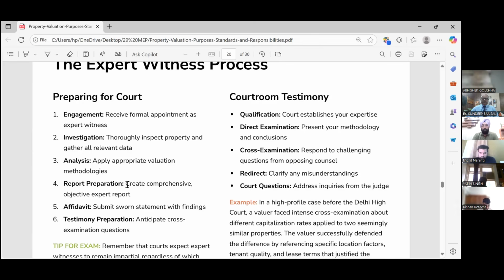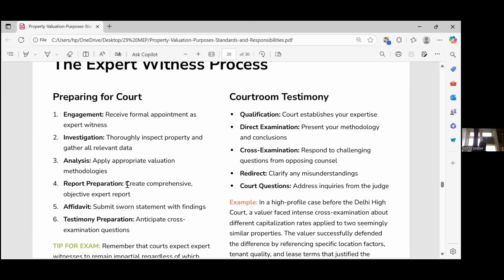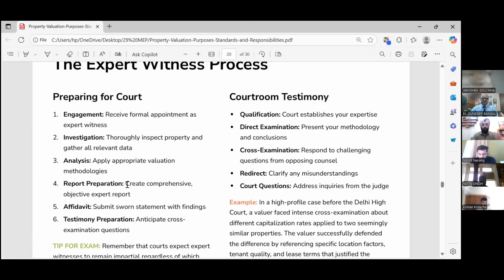And then you will anticipate cross-examination questions from the advocate of the other party. You may have been appointed by one of the parties, maybe the defendant or the petitioner.